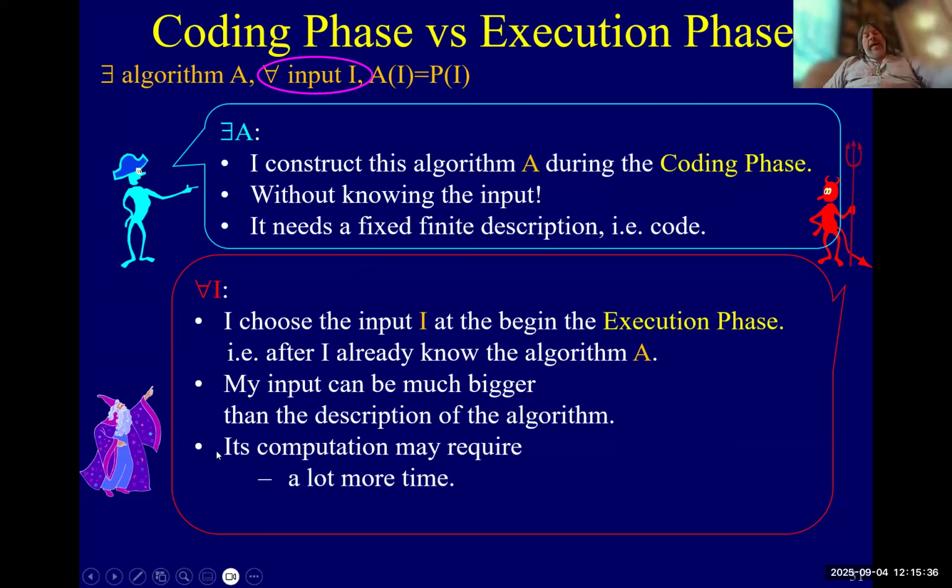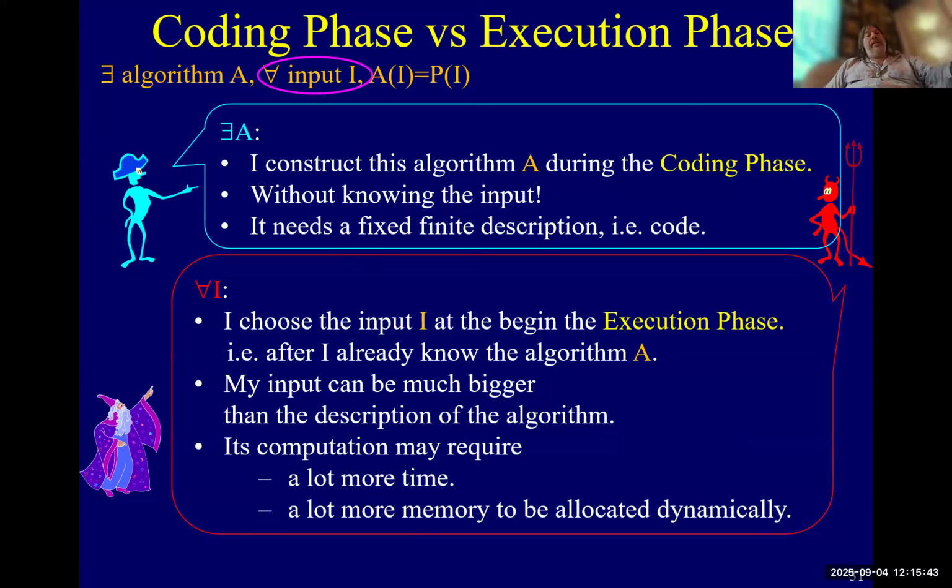And as you come up with a bigger input, it might take more time and more dynamically allocated memory. So in the coding phase, you have to tell me what my local variables are. I'll have a variable A that's an integer, a variable X that's an integer, and so forth. But during runtime, you have to malloc more memory as you go along.